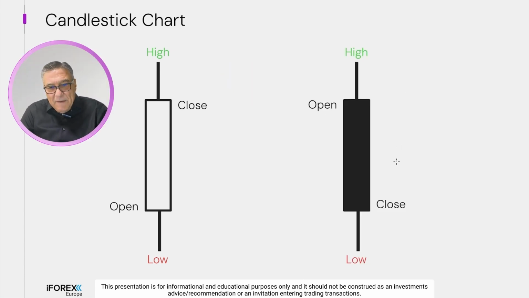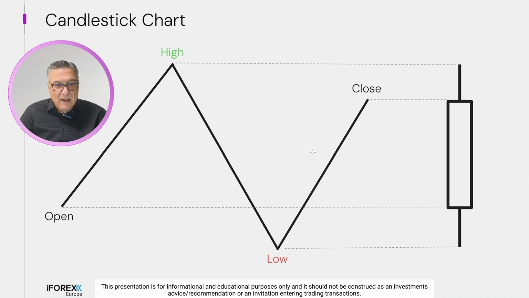Similarly, if the close price is lower than the open price, then of course we have a black rectangle, which implies that there are more sellers than buyers. It's pretty straightforward.